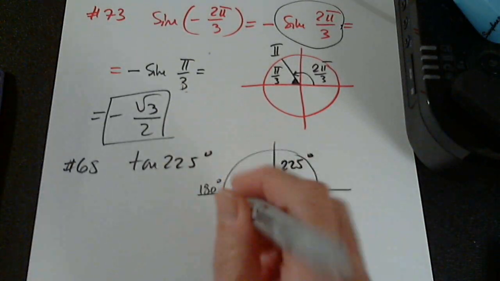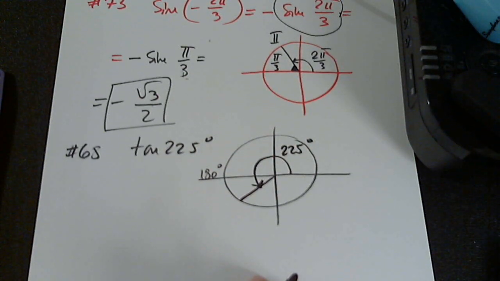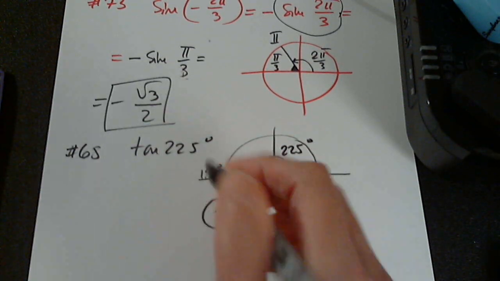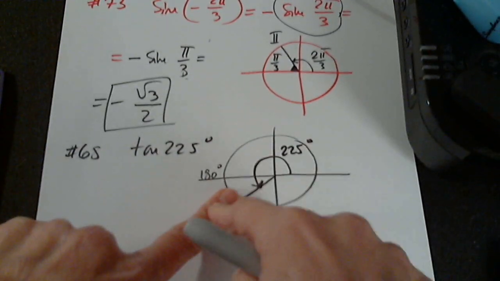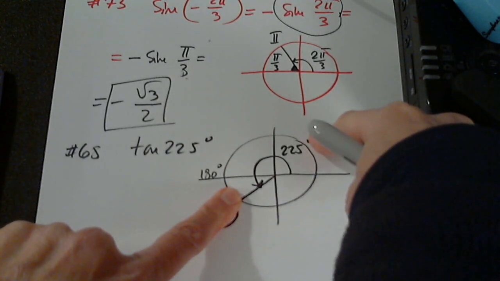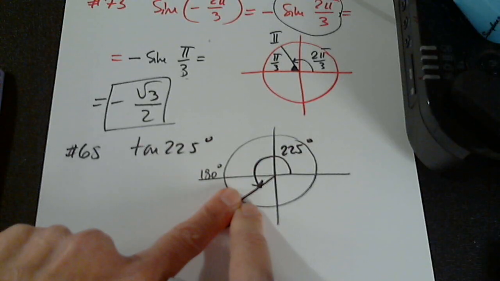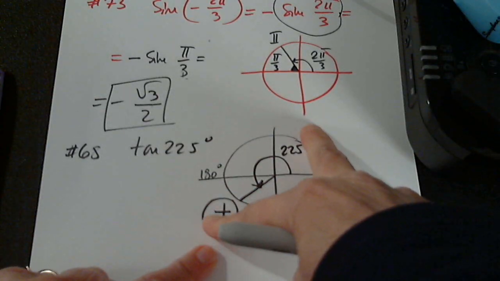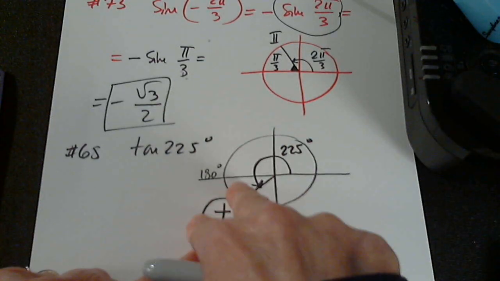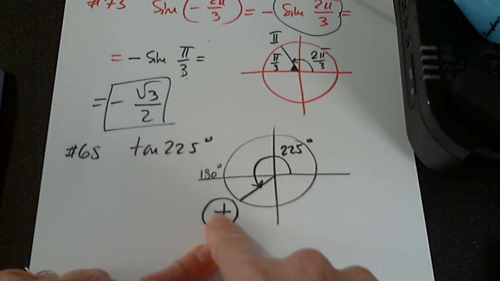The terminal side is in the third quadrant, where tangent and cotangent are positive because both sine and cosine are negative. Both sine and cosine negative, that's where tangent and cotangent are positive. Same sign, positive, for tangent and cotangent.